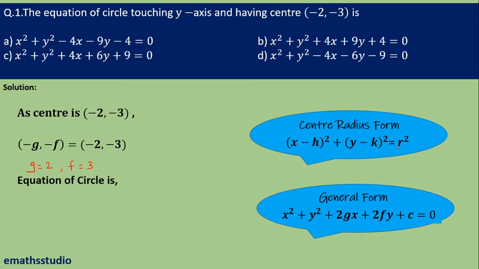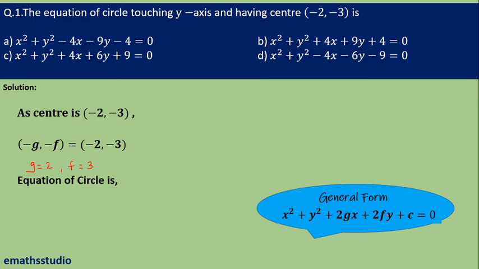Like in the center radius form, r is unknown, and in the general form, c is unknown. But in this case, I prefer the general form. I have the values of g and f ready with me. So the equation of the circle can be written as x square plus y square plus 4x plus 6y plus c is 0. Now the question is, how can I find c?